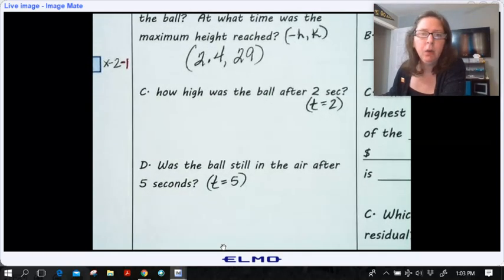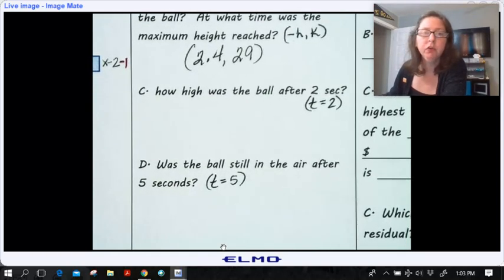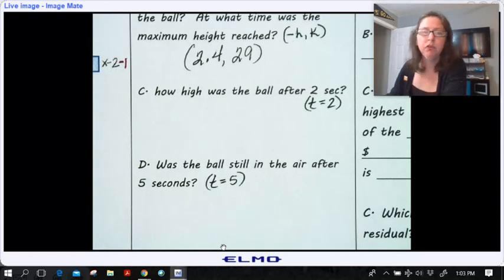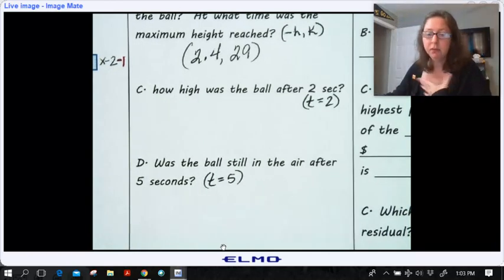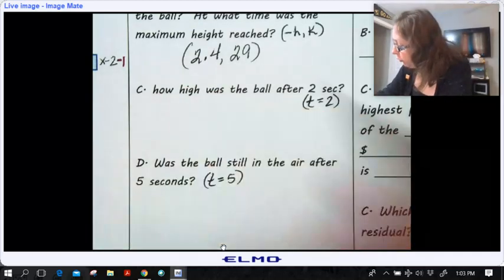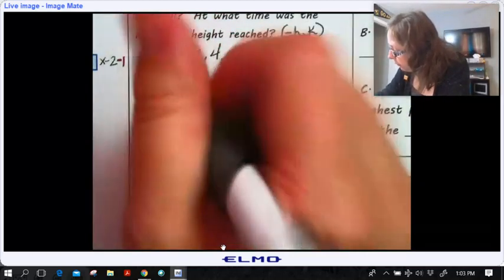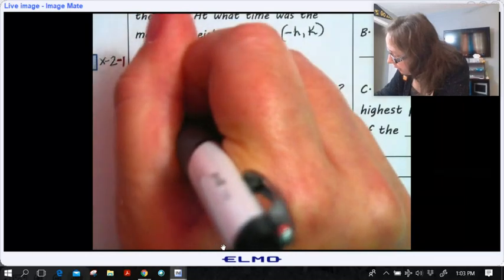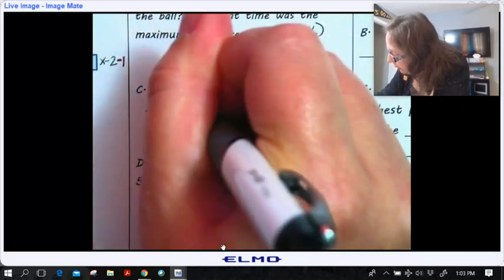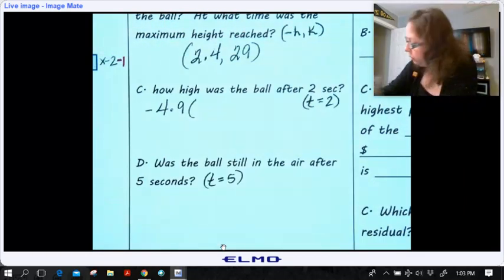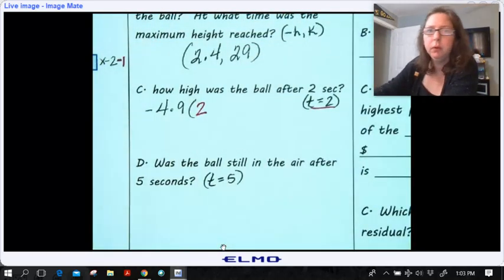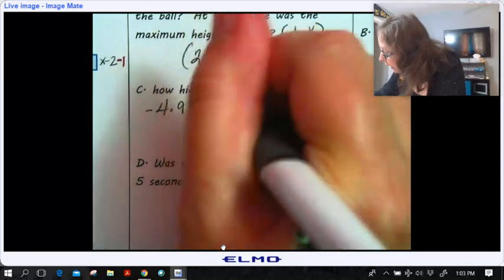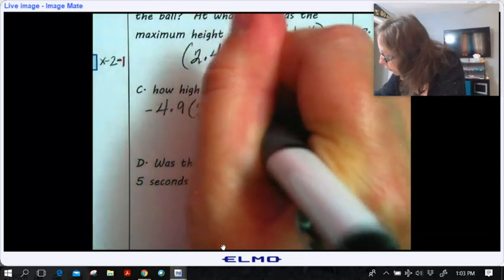Part C, let's look at part C. How high was the ball after 2 seconds? In this situation, I need to plug in a 2 for the t value. So negative 4.9 times 2 minus 2.4.